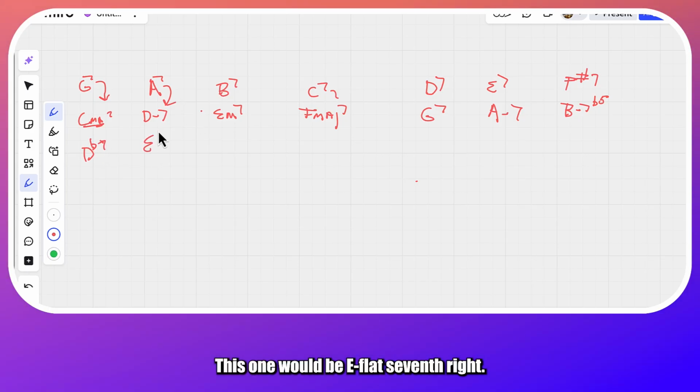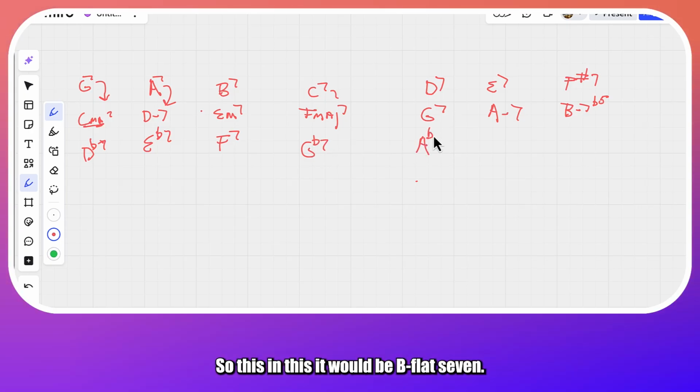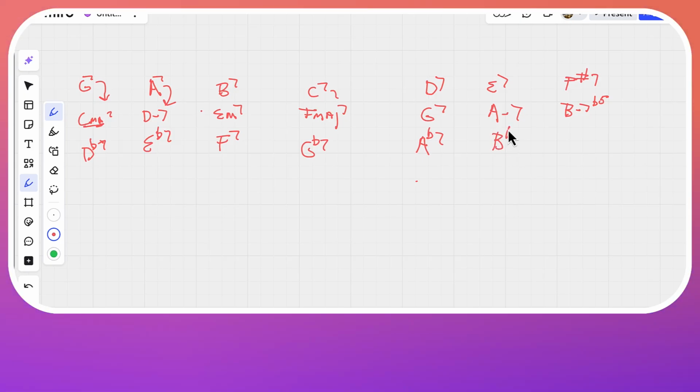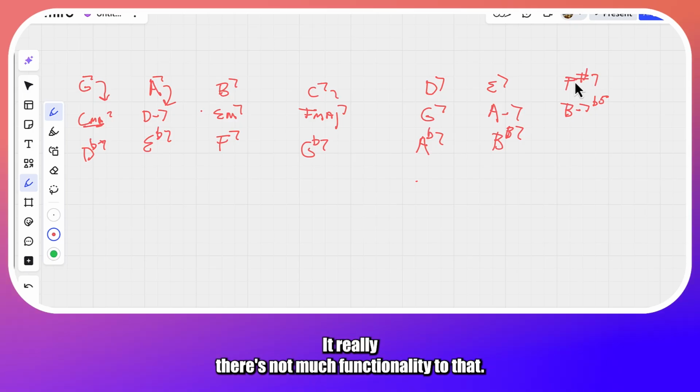This one would be E flat 7, right? This one would be F7. This one would be G flat 7. This one would be A flat 7. This one would be B flat 7. Well, that's a flat. This one here would be C7.